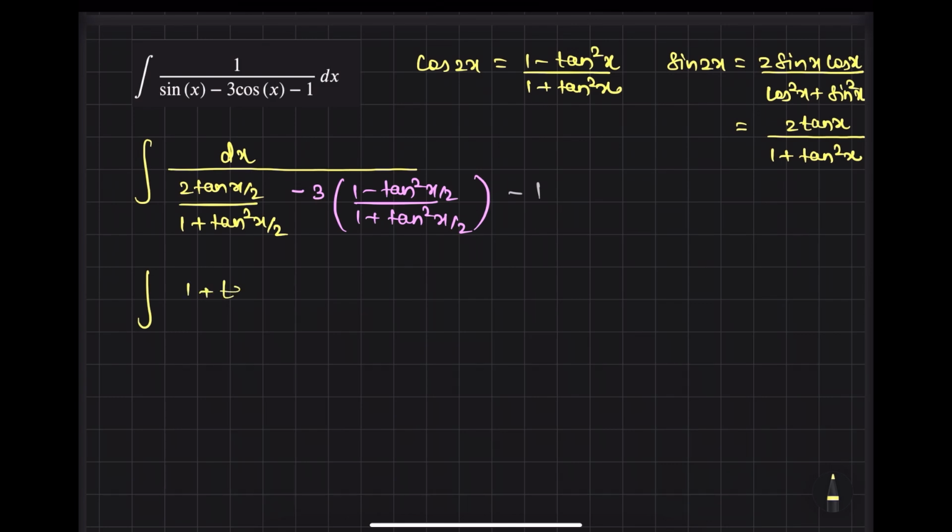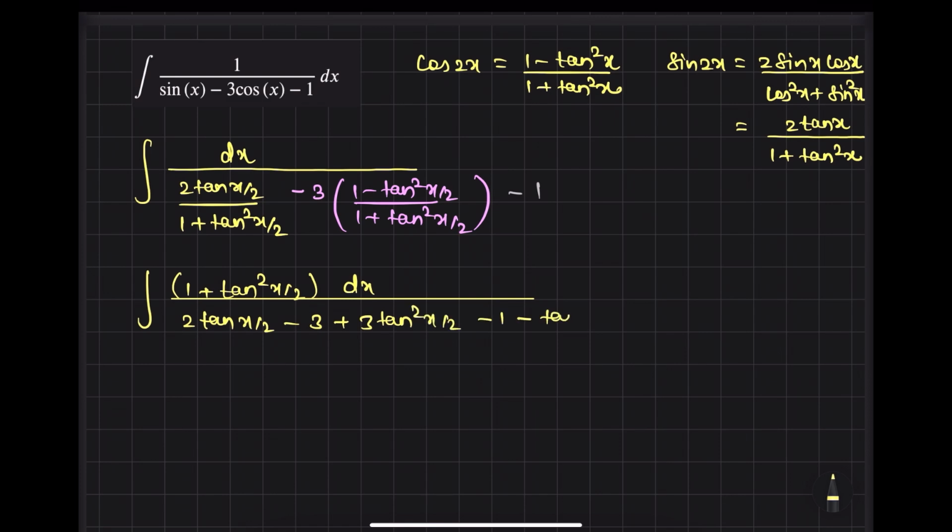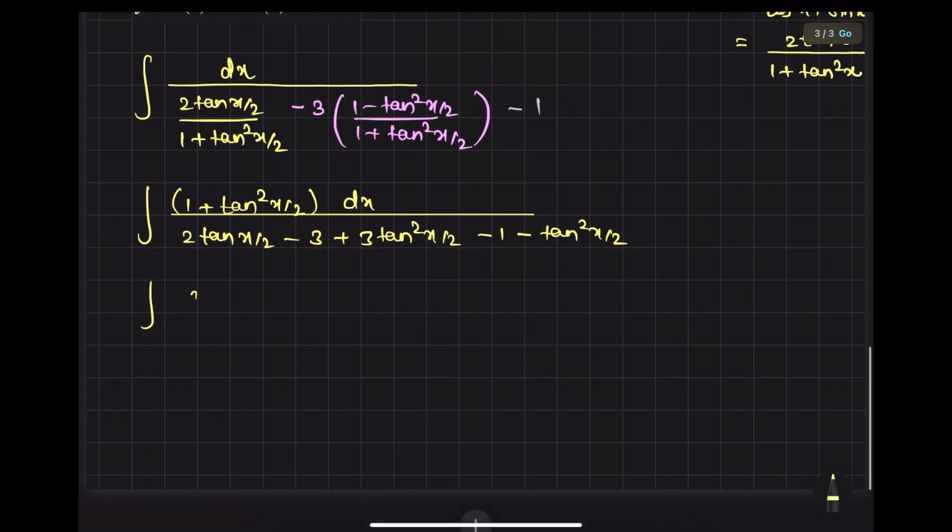So 1 plus tan square x by 2 dx, and the denominator looks like tan x by 2 minus 3 plus 3 tan square x by 2 minus 1 minus tan square x by 2. Okay, now let's do the simplification. You know that 1 plus tan square x is what? Sec square x by 2.